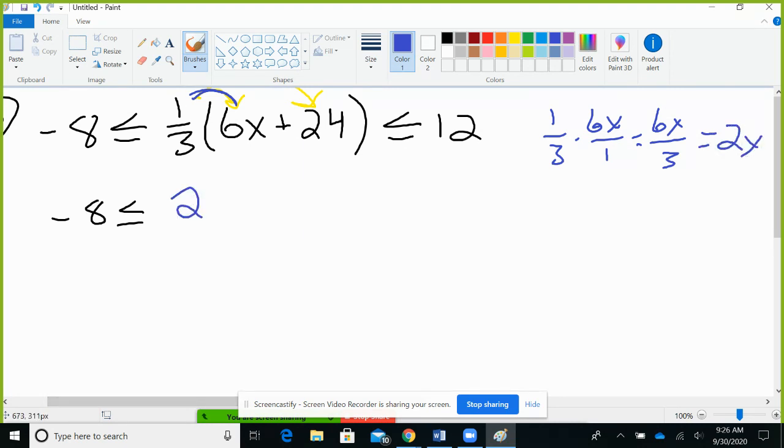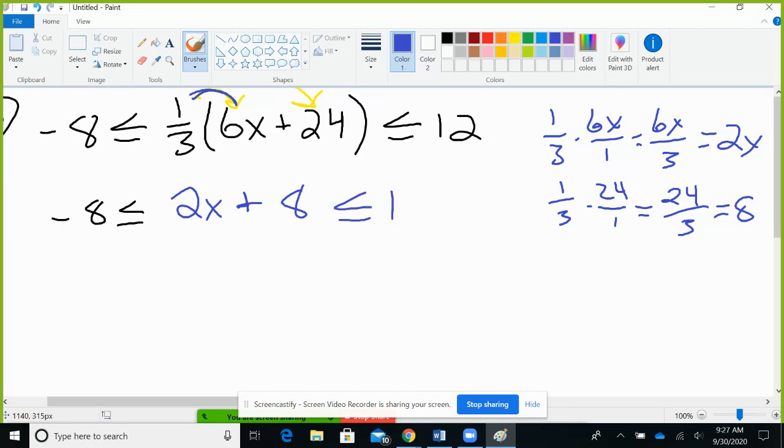So I have 2x plus 1/3 times 24 equals 24 over 3, which is 8. Plus 8 is less than or equal to 12.